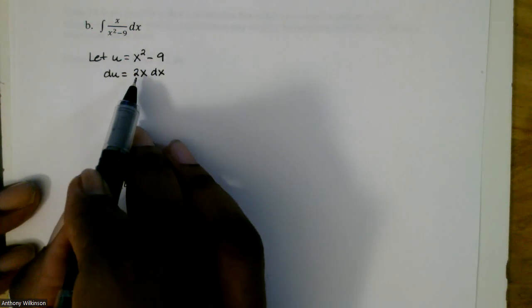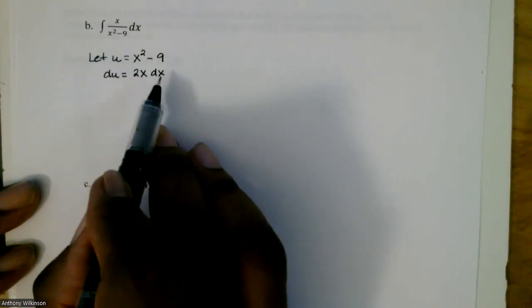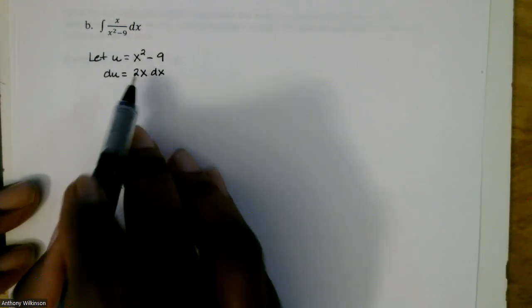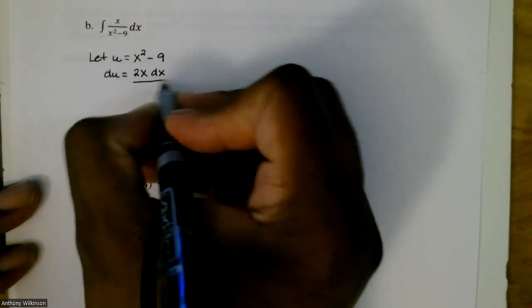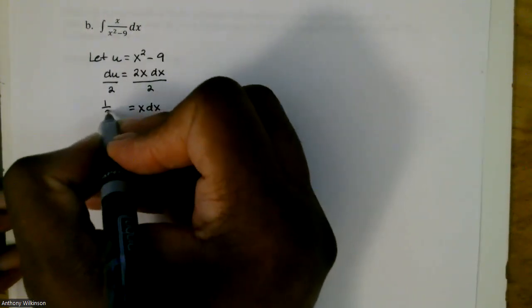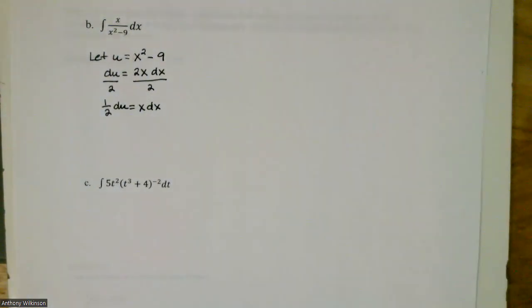So what I'm going to do here is come up with an expression with just x dx in it, so that way I can make the appropriate substitution. Here I'm multiplying it by 2, so let's go ahead and divide both sides by 2. So I'll have x dx equal to 1/2 du. So 1/2 du will be equal to x times dx.